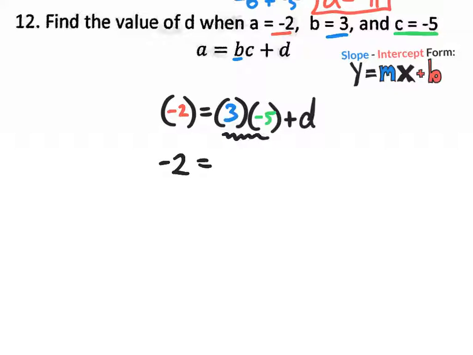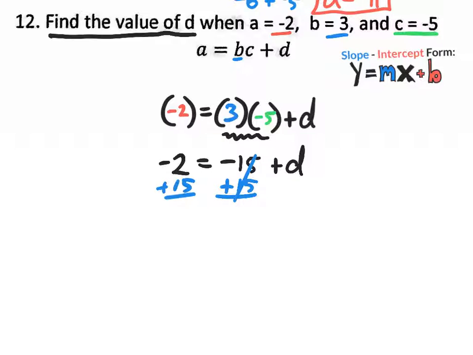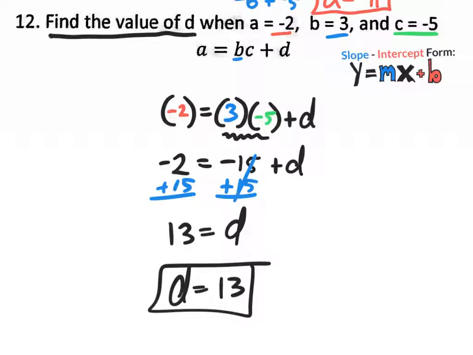But over here, 3 times -5 is -15, and I still have the plus D. Now, they are asking us to find the value of D, so we need to get D by itself. I'm going to do the opposite, plus 15, and I will get 13 equals D, D equals 13. And that's our value of D.